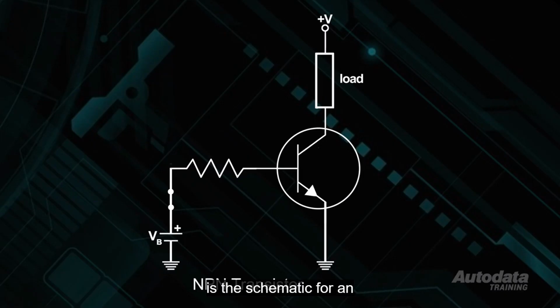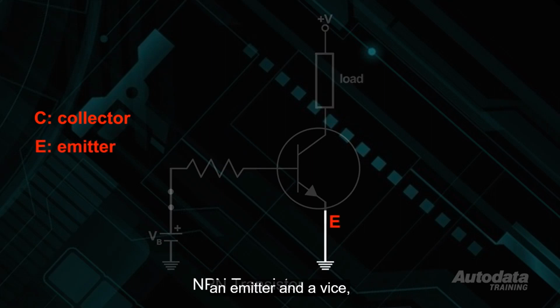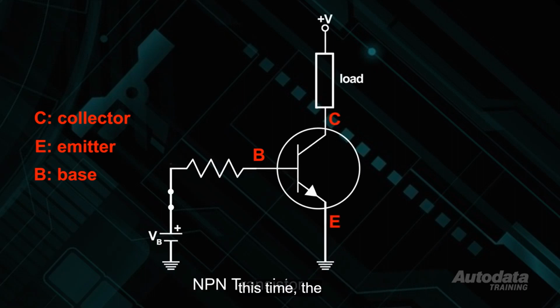Here is the schematic for an NPN transistor. Again, there are 3 terminals: a collector, an emitter, and a base. But they are connected differently to the PNP. This time the emitter is connected to ground, and the collector is connected to the load, which in turn is connected to a positive voltage.